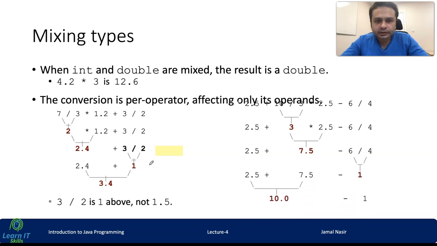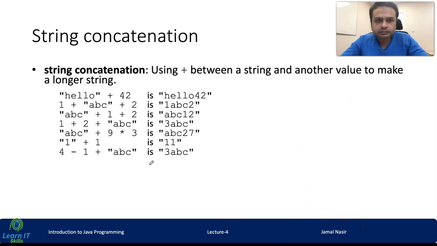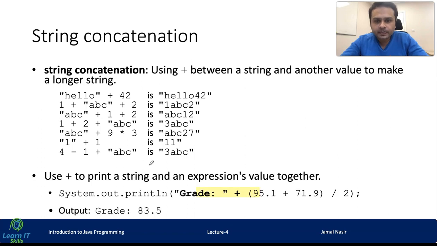So this is another example. For strings, we can concatenate different strings. If we add some integer to a string, it will be added as a string. So this is another example.